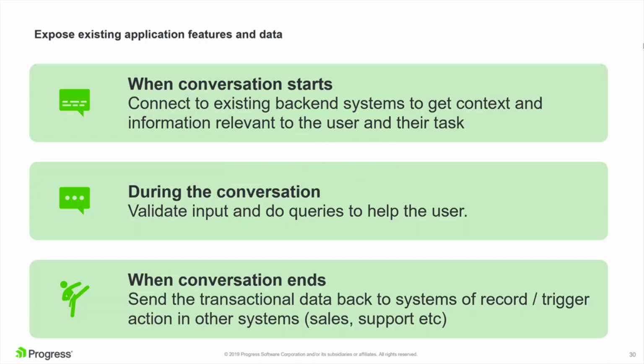And third, when the conversation ends, to complete a transaction or trigger action in other systems. Native Chat specifically integrates with enterprise and legacy systems easily with REST connectors. This feature enables you to quickly connect a Native Chat bot with systems like Salesforce, SharePoint, Calendly, or any other system that provides a REST API.